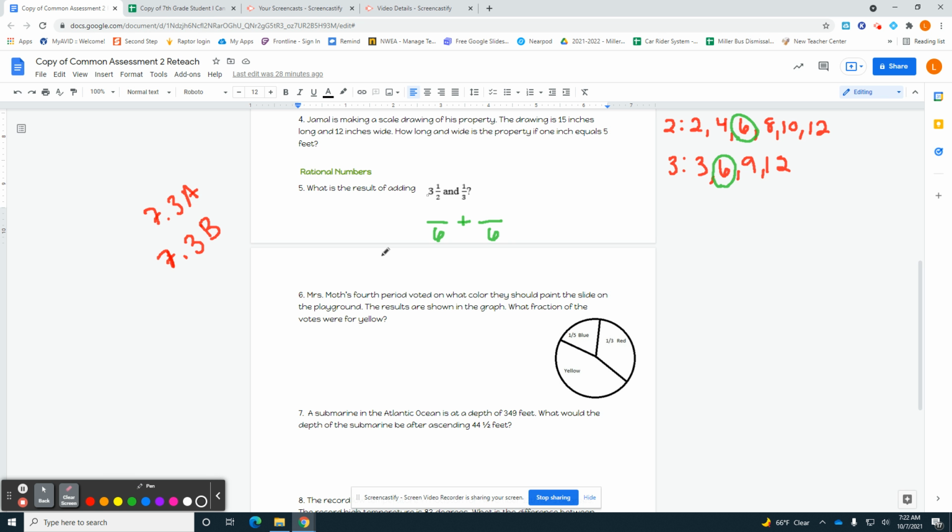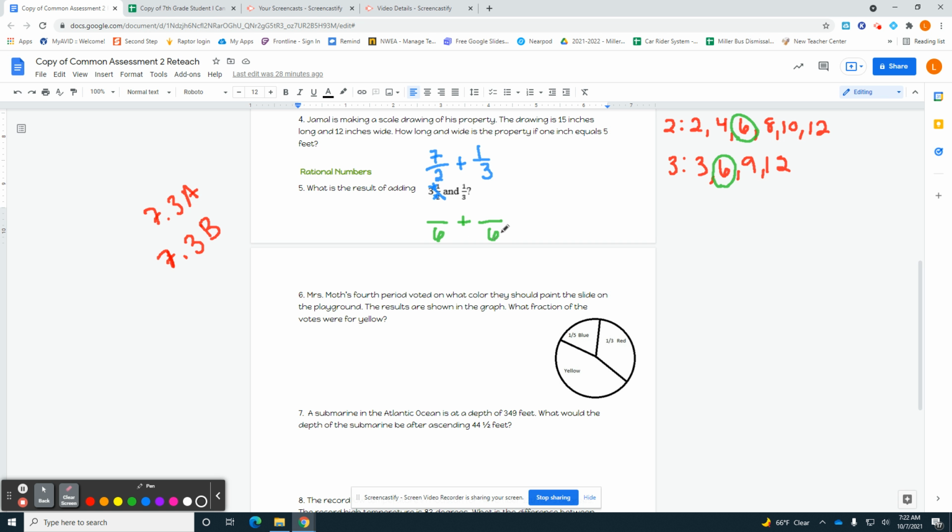So let's do that. Remember, I'm going to multiply and add. So 2 times 3 is 6 plus 1 is 7. So that means 3 and 1/2 is equal to 7/2. Okay. So I have 7/2 plus 1/3.